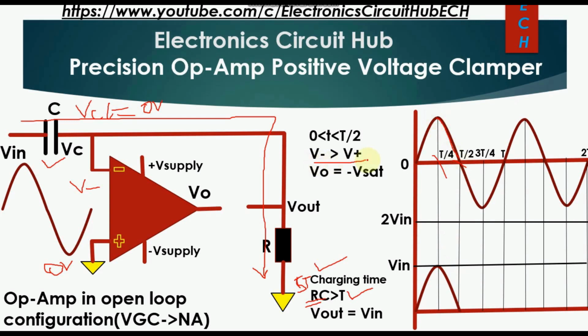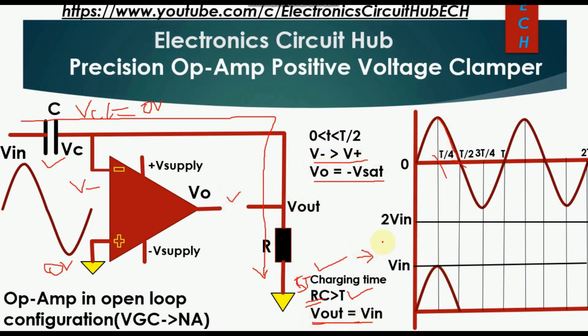In such a case, your V naught goes towards negative saturation and this diode will be turned off. Because of the high time constant, your Vout would be Vin, so your output Vout follows your input signal.